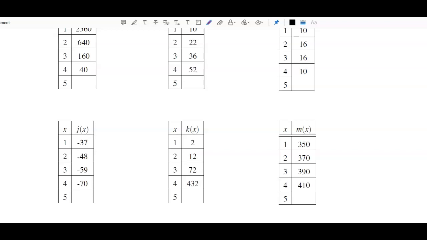Oh, goodness, what's happening here? Try this again. I don't know why it's doing this.